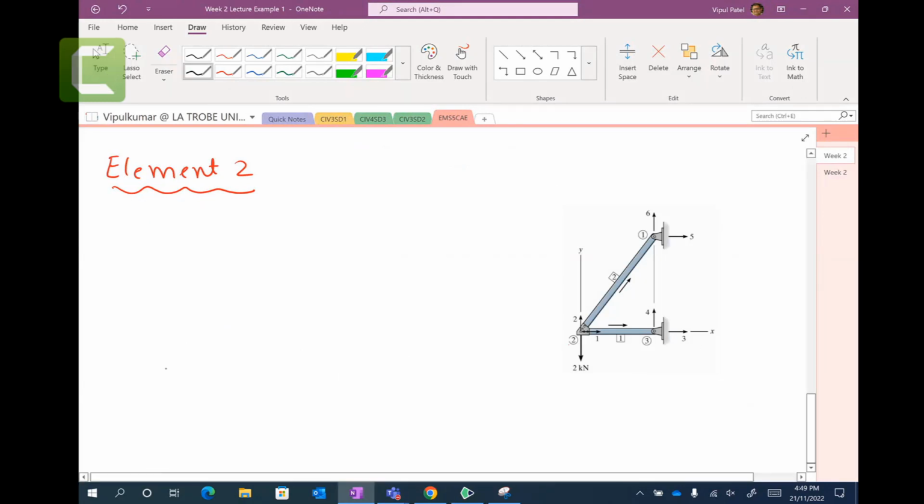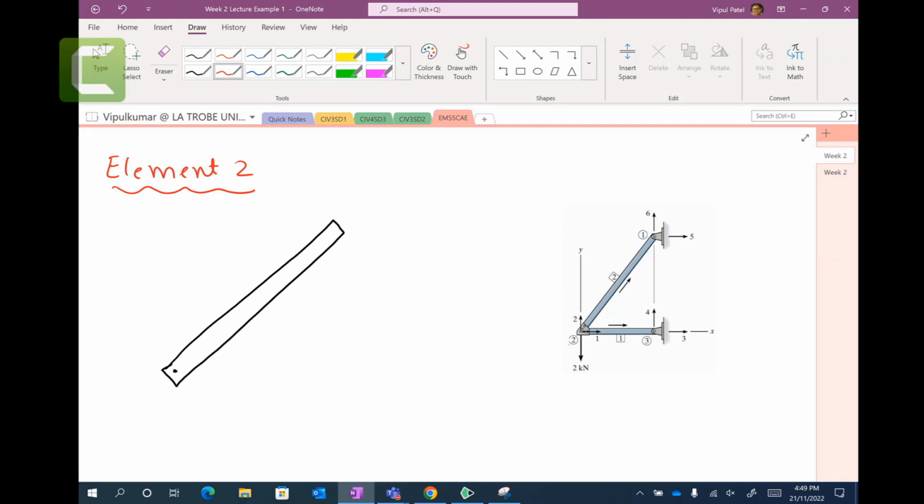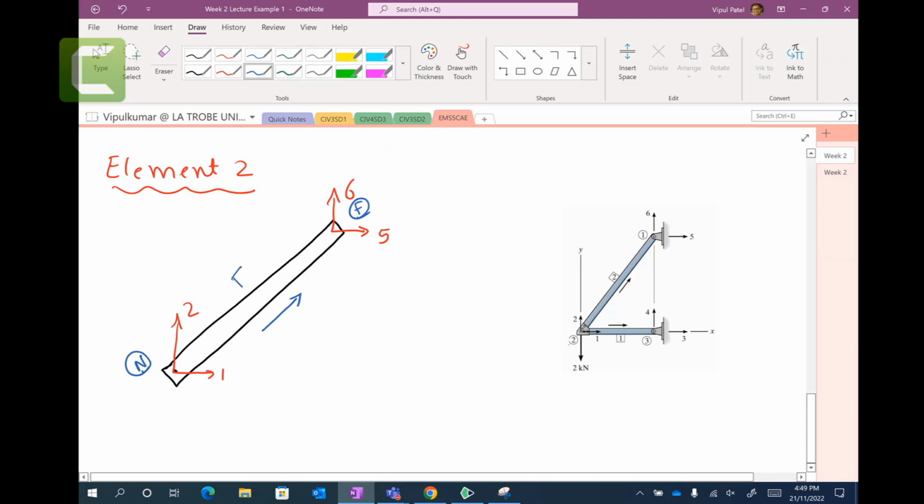We will draw the element number 2. Element number 2 has 1 and 2, and it has 5 and 6. It has this arrow going from here, so that would be your near node. This would be your far node. Then you have element number 2. What else do you have? The length.